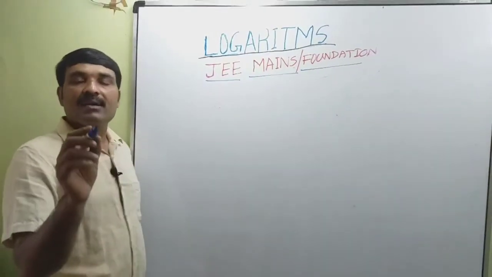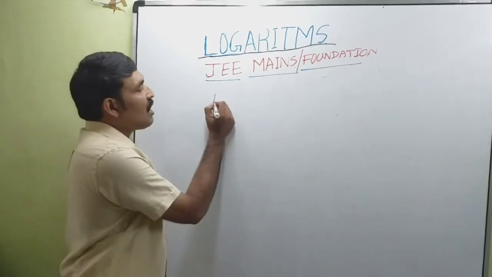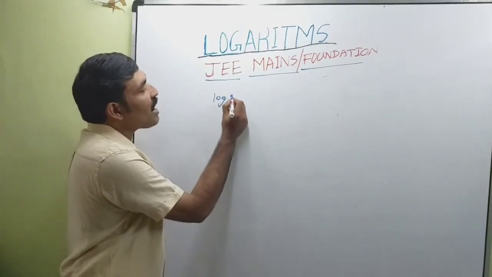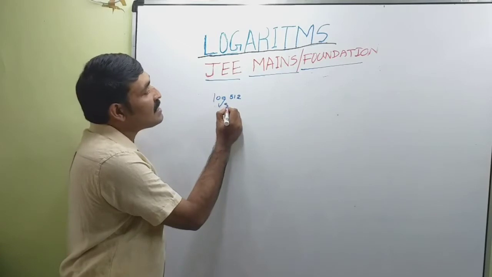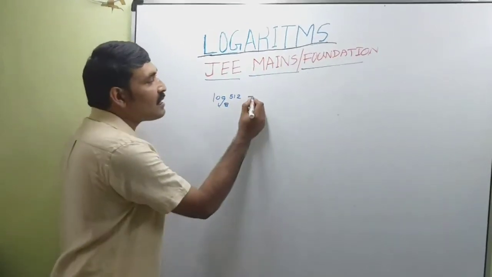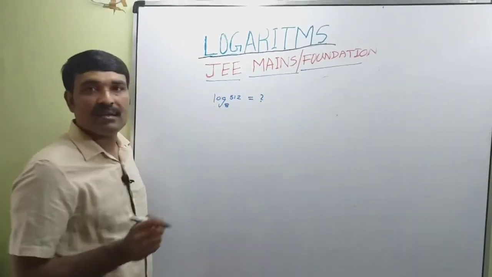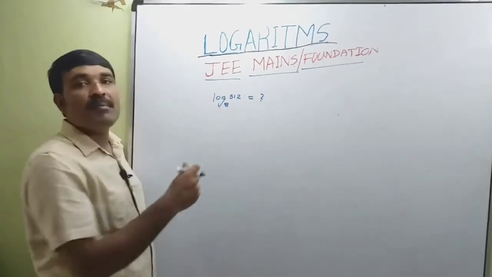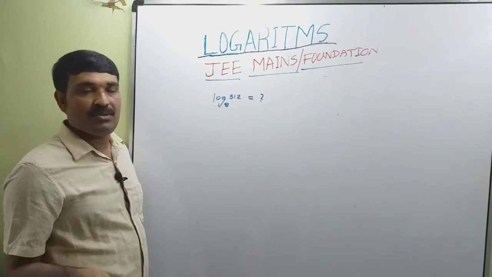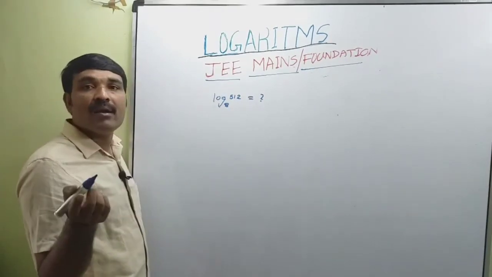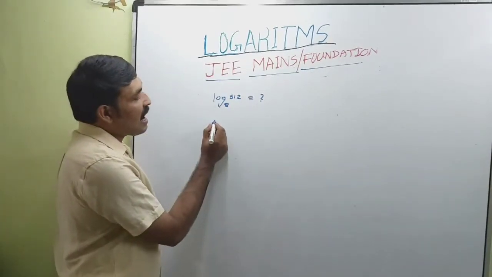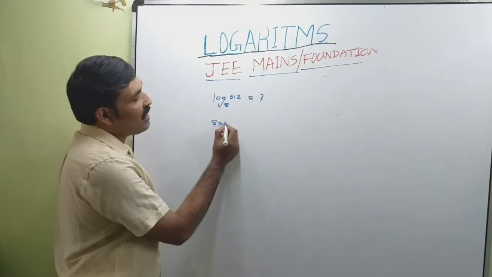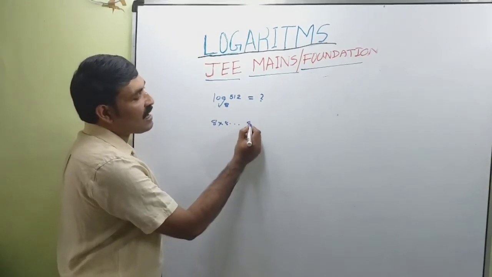Now consider a question. Log of 512 to the base 8 is equal to what? What does this indicate? It indicates how many times 8 should be multiplied so as to get the number 512. That means 8 into 8 up to x times.